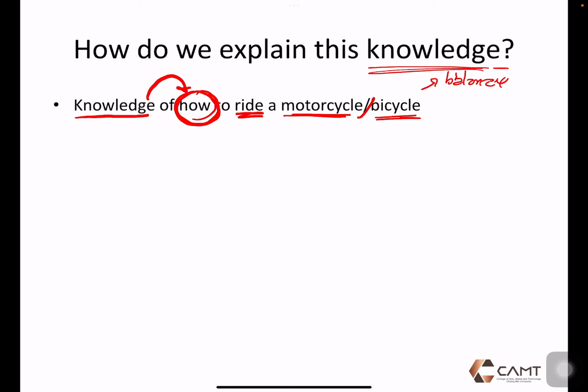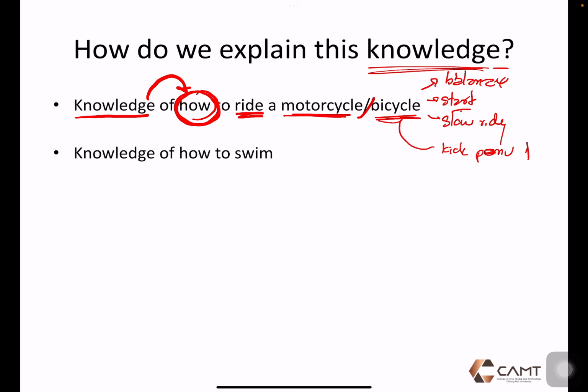When you ride a motorcycle, you start the engine and then try to ride slowly with balance. For a bicycle, you balance, then kick the pedal and hold the handlebars. This kind of experience is about riding a motorcycle or a bicycle.